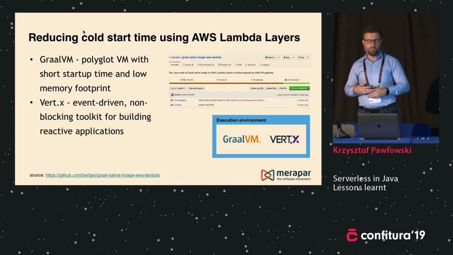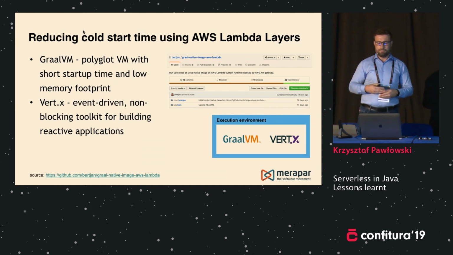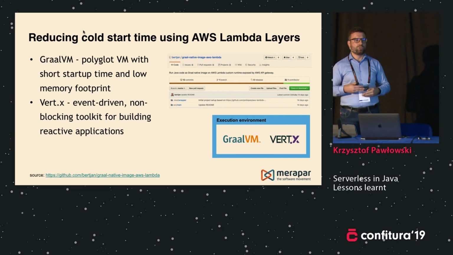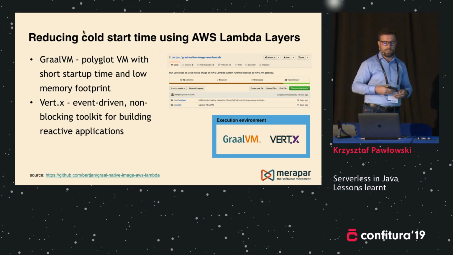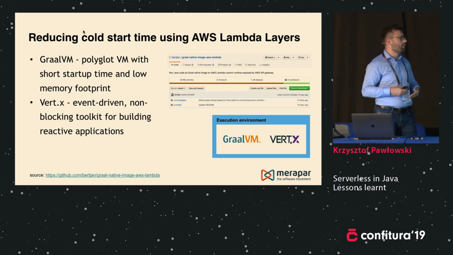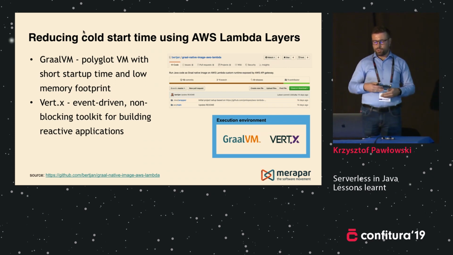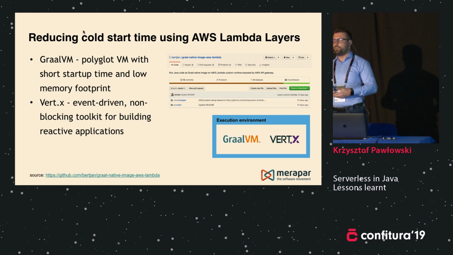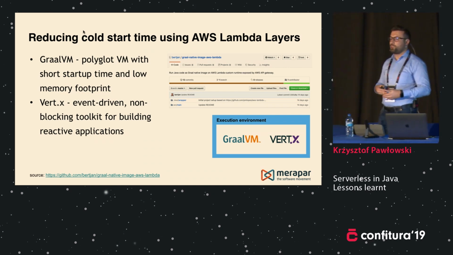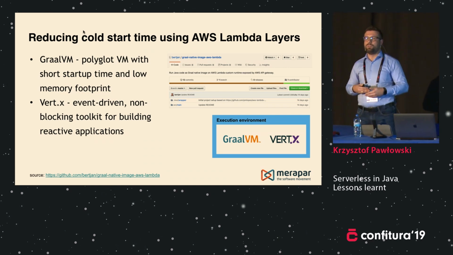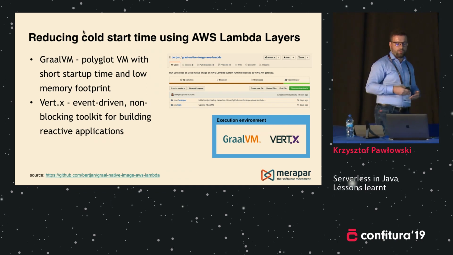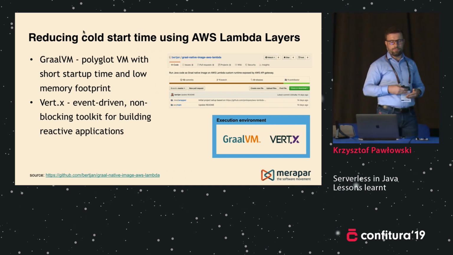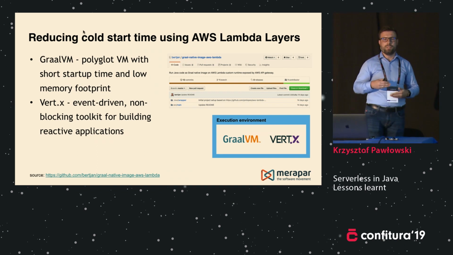And here's an example of a project where GraalVM was used as the virtual machine for running the code, and Vert.x for handling the Lambda functions. GraalVM is a polyglot virtual machine that starts up really quickly. Vert.x is a toolkit for building non-blocking reactive applications, and it's by definition really fast.